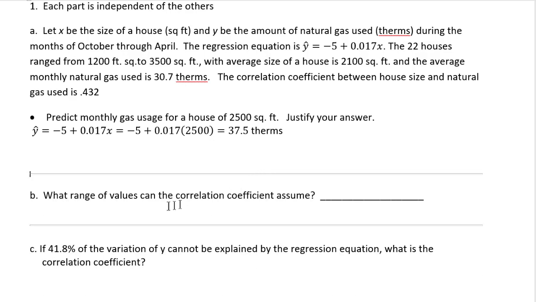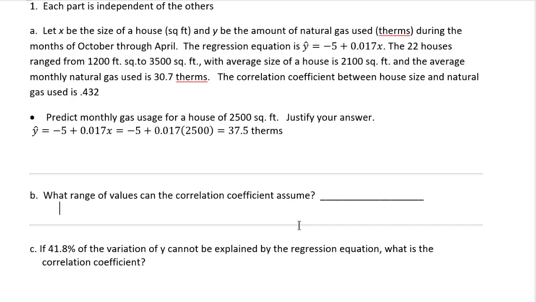Alright, now the second question is, what range of values can the correlation coefficient assume? This is like a basic knowledge test. We know the correlation coefficient, if it's 1, it's 100% correlated. If it's -1, it's also 100% correlated, but with the downward slope, right?